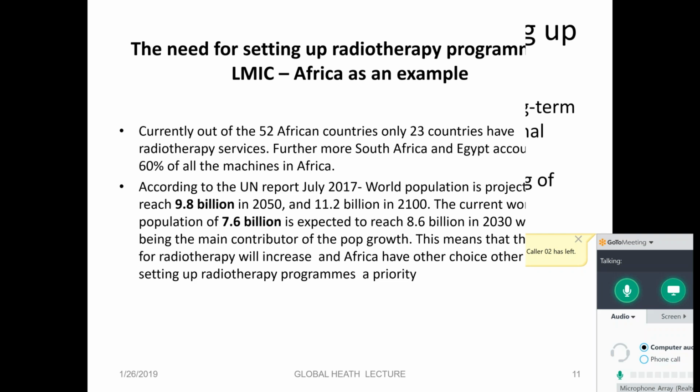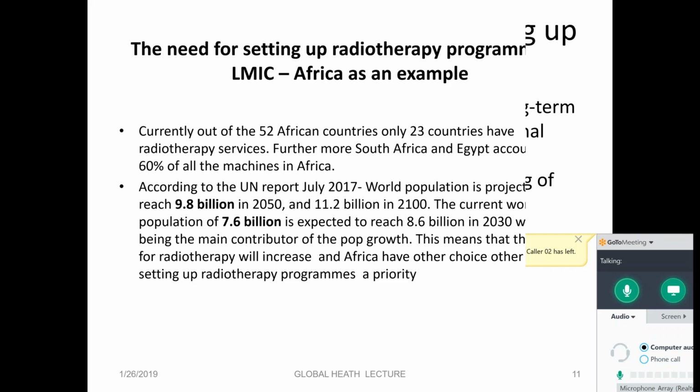For you to be able to run a radiotherapy program, you need to have staff. You need to have patients. At the Ocean Road Cancer Institute, we have 25 oncologists. We have 16 clinical oncology residents. I might confuse you because we are thinking of radiation oncology, but we decided that in Tanzania, we would train oncologists in both medical oncology and radiation oncology because of the shortages that we are facing.